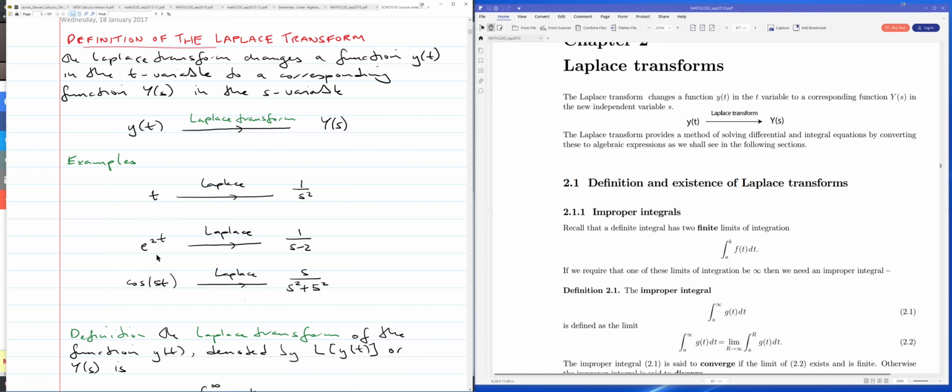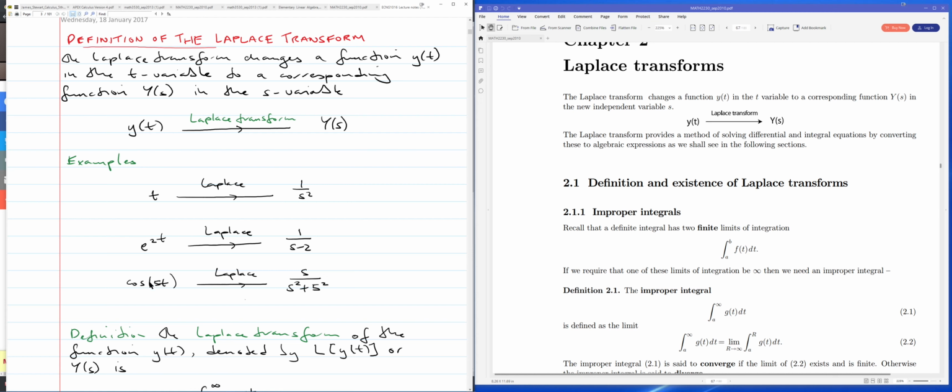For the next example, if I have an exponential function e to the 2t, when I take the Laplace transform of it, I'm going to get a function of s which is 1 on s minus 2. So different functions of t give different functions of s.